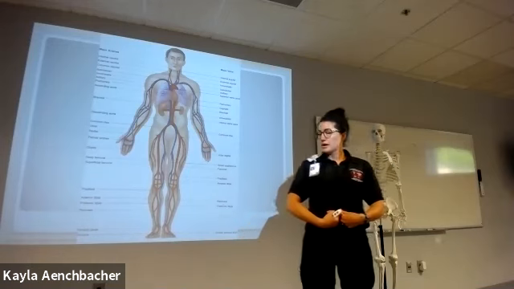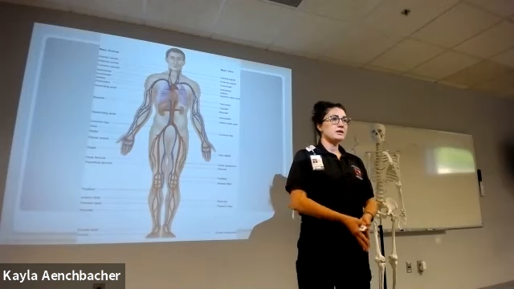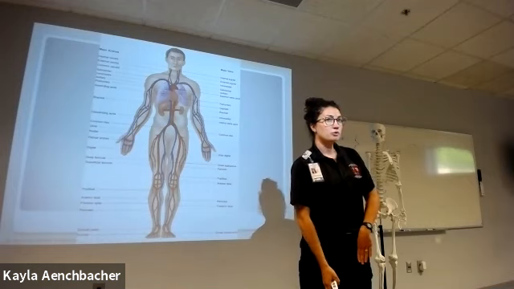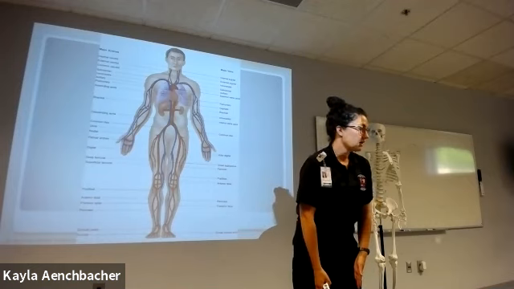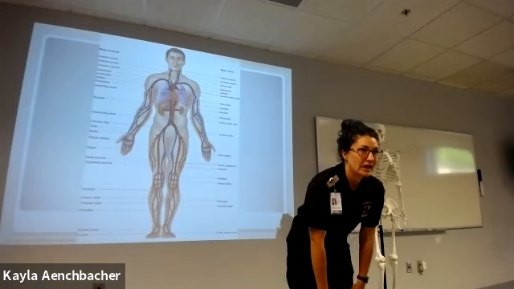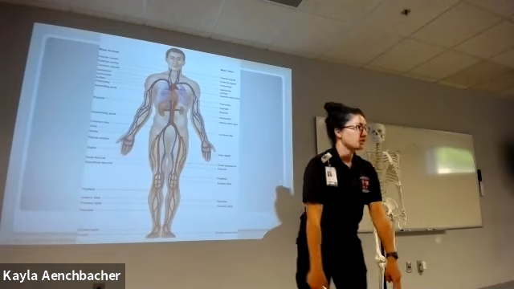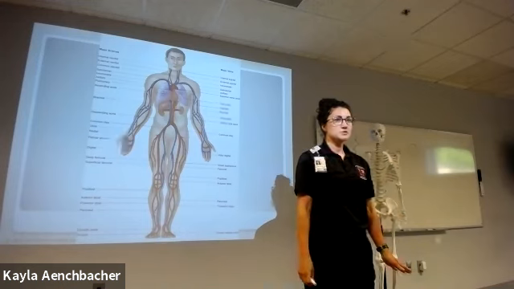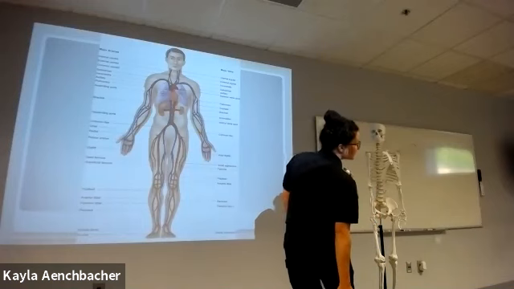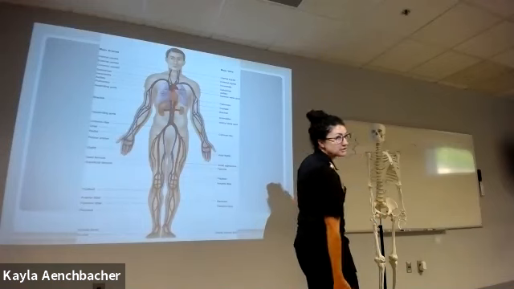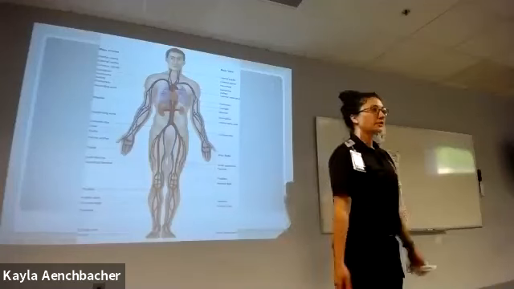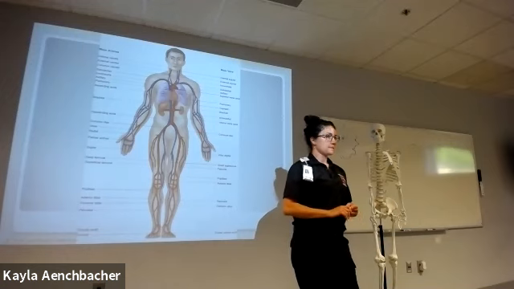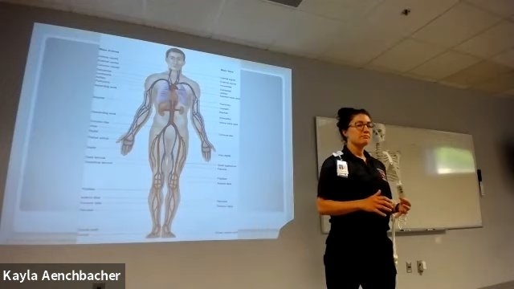The descending aorta comes to the pelvis and bifurcates, so we have that really big femoral artery going down each leg, and then we bifurcate again at the knee and branch off to a tibial artery and a fibular artery. You also have some major arteries behind your knee, called the popliteal arteries. Those are the big major ones you need to know.